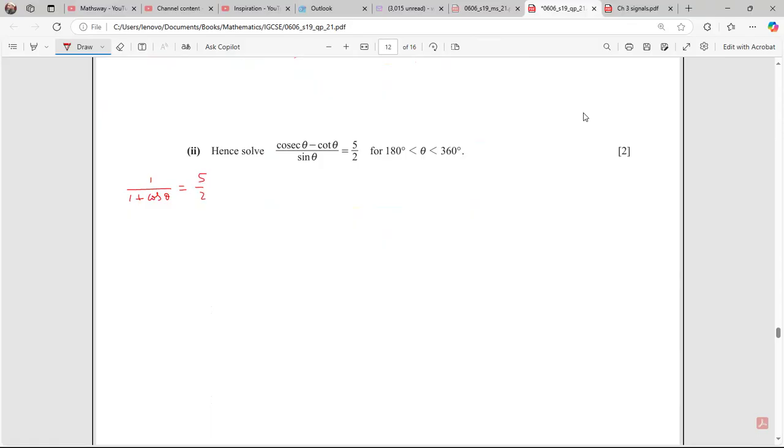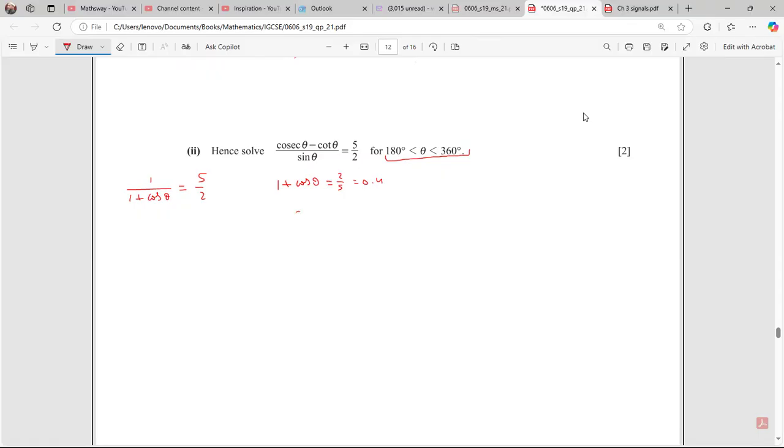So we have to solve this equation, find the value of theta such that theta has to be between 180 and 360. This is a tricky part, a little bit tricky part. Okay, we will see. So if I take the reciprocals, it will be 1 plus cos theta equals 2 over 5, which is 0.4.